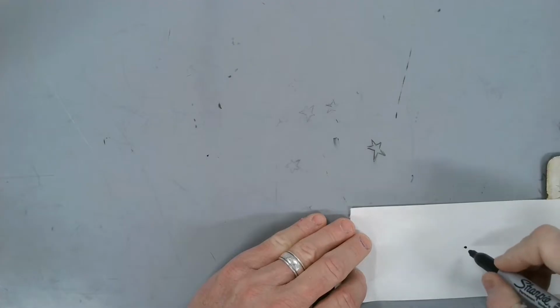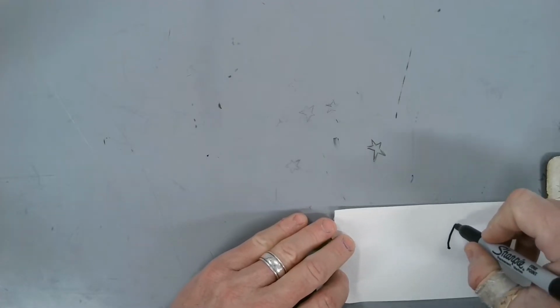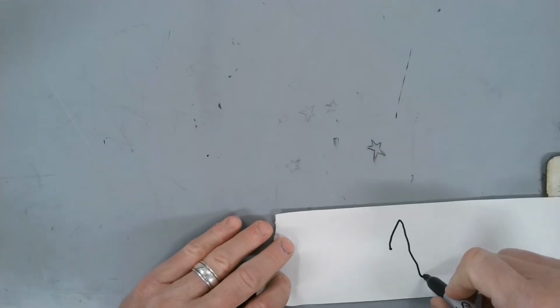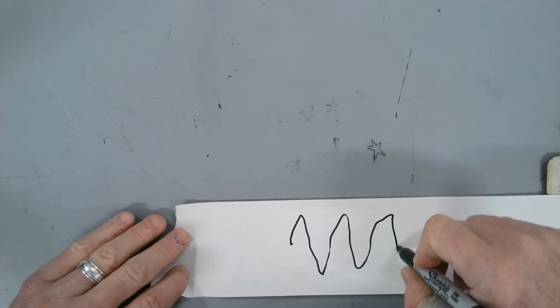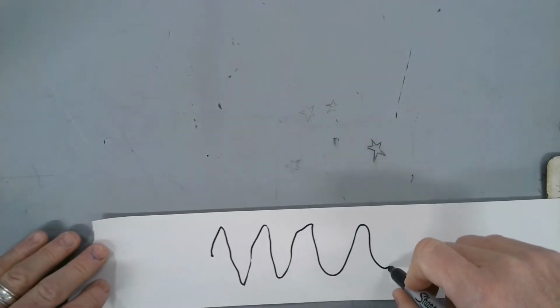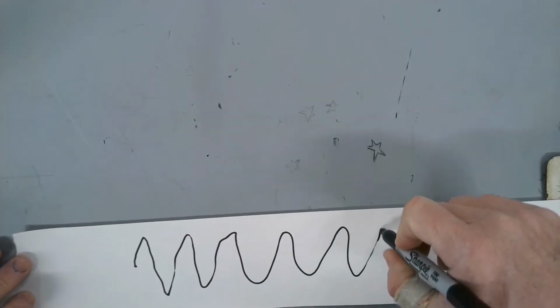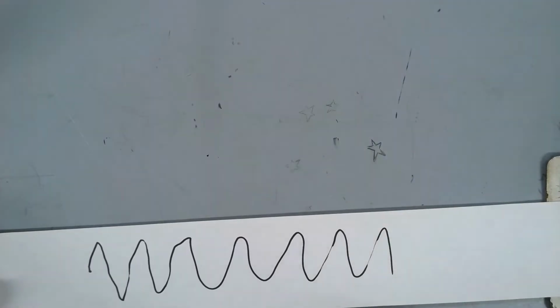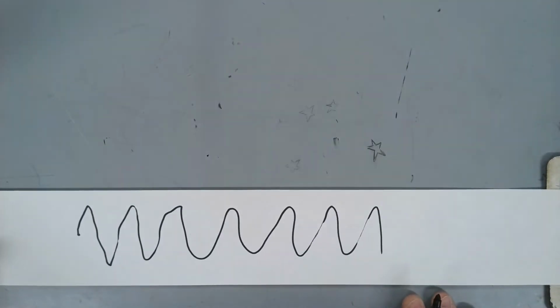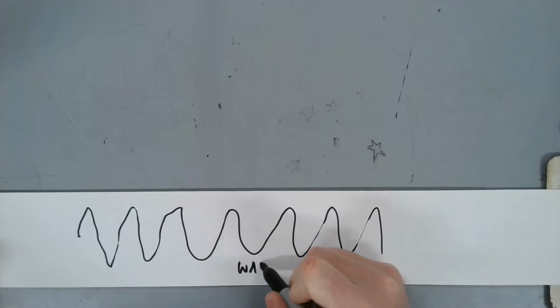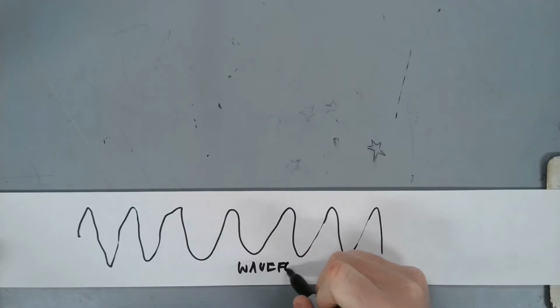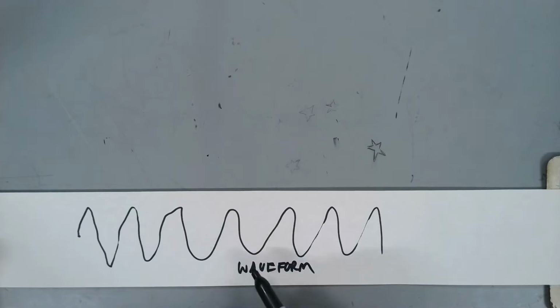So I'll start in the middle, my equilibrium position. And as I pull the paper, my pendulum swings back and forth. And this is the shape that I get. I get a waveform, because it takes the shape or the form of a wave.